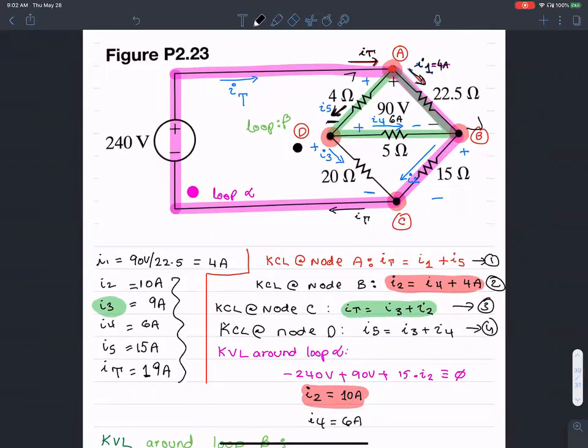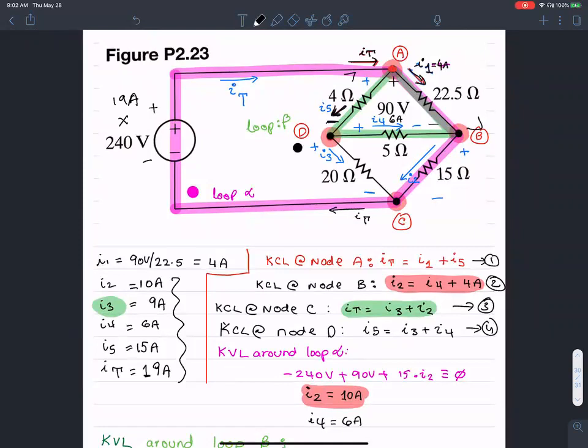Then the third part is add up all the power drops and make sure that equals 240 times I total, which is 15 amperes, which is 19 amperes here. So the power delivered by this source should equal the total power dissipated in the sum of all the resistances.